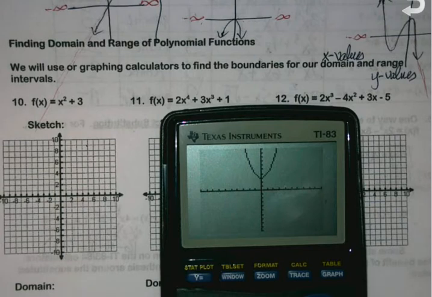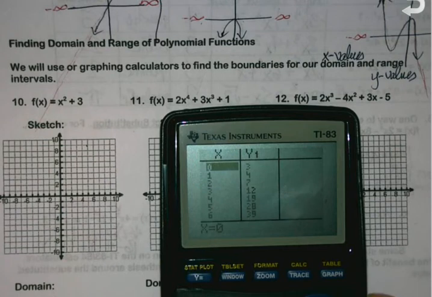Now, since I'm a little more specific this time, I do need to know where that bottom point is. So I look at domain, and I'm like, okay, that's my left to right here. If you wanted to, you could, in this case, go to the table to try and see where that lowest value is. Ooh, symmetrical.